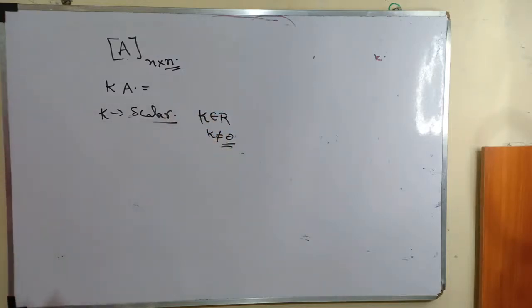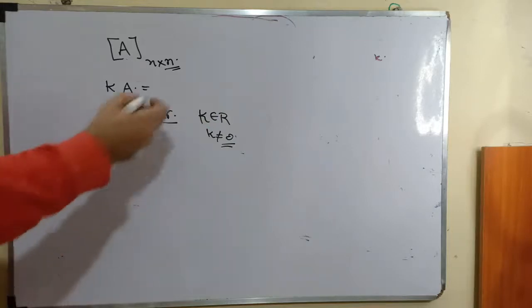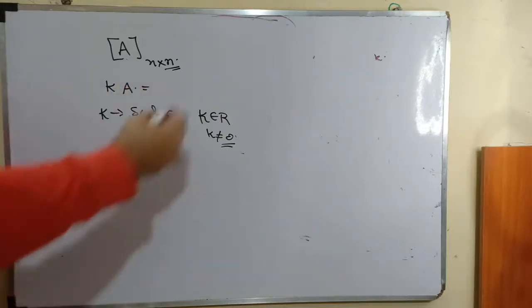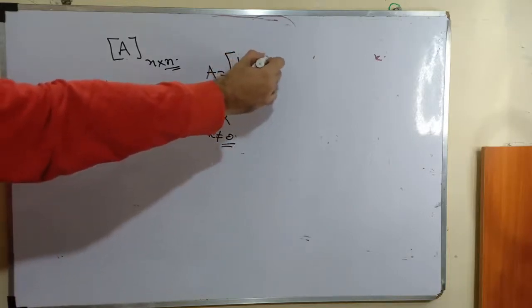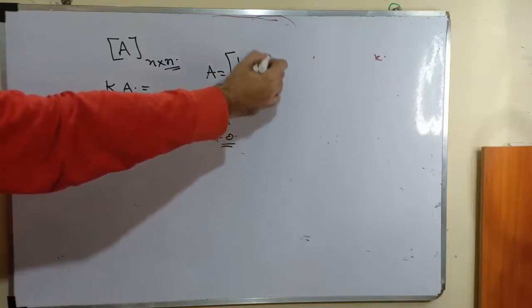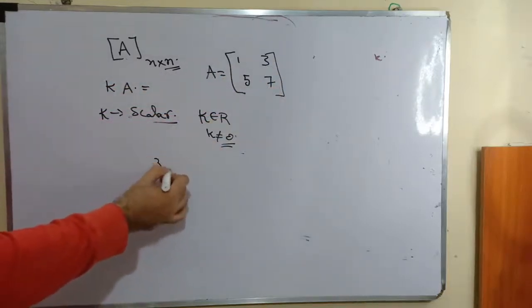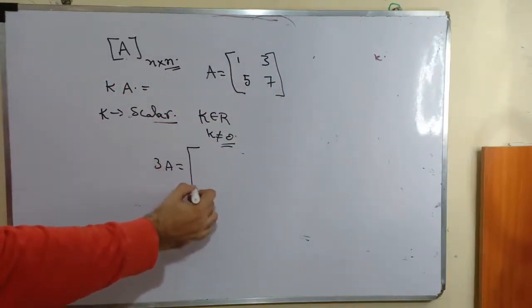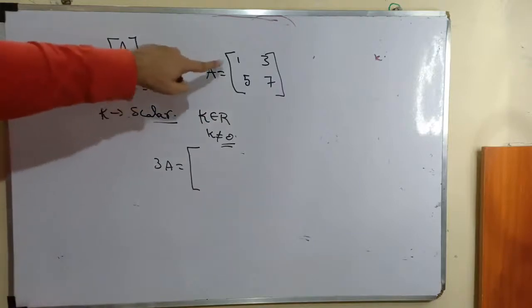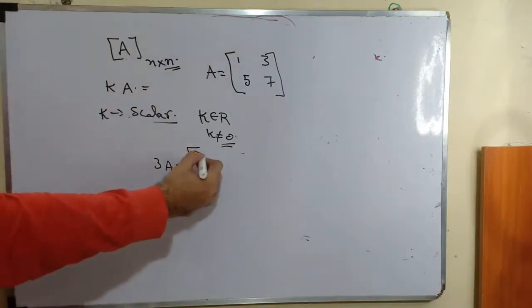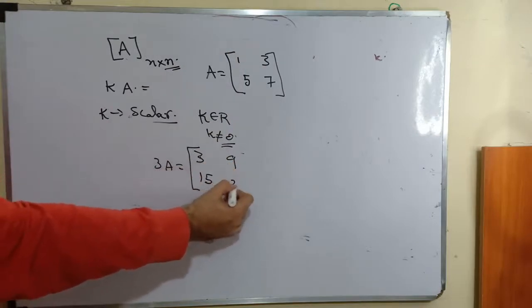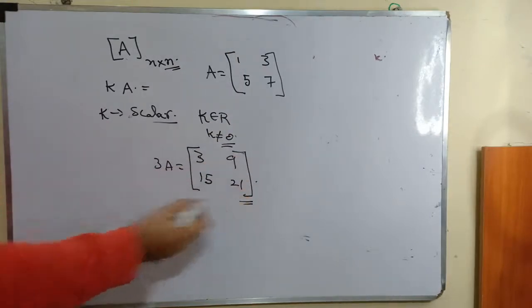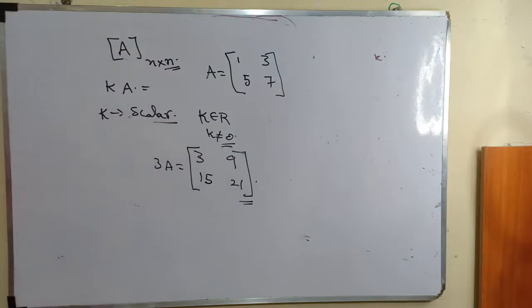If we multiply it with the matrix, then K should multiply all the elements of A. For example, if I consider a matrix 1, 3, 5, 7, and I ask you to find 3A, that means 3 should be multiplied with every element of A. That means 3 times 1 is 3, 3 times 3 is 9, 3 times 5 is 15, 3 times 7 is 21. This is how you find 3A.